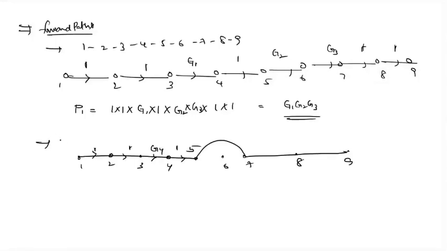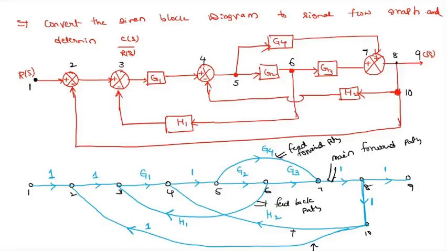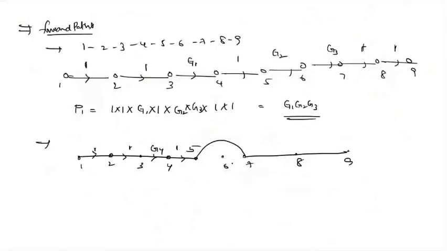Coming to the second forward path. The second forward path goes through this G4: 1 to 2, 2 to 3, 3 to 4, 4 to 5, directly 5 to 7, which does not cover 6, then 7 to 8, 8 to 9. That's why I've written it like this: 5 to 7, 7 to 8, 8 to 9.